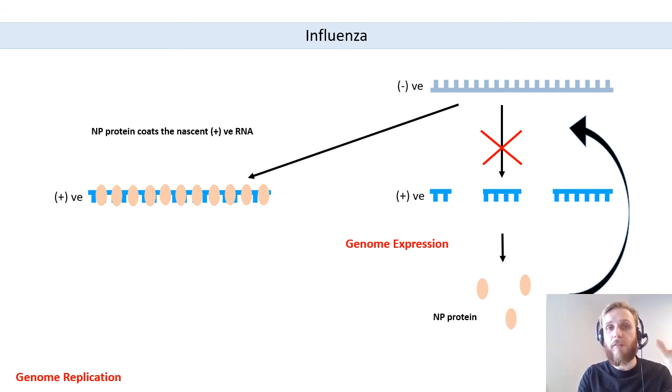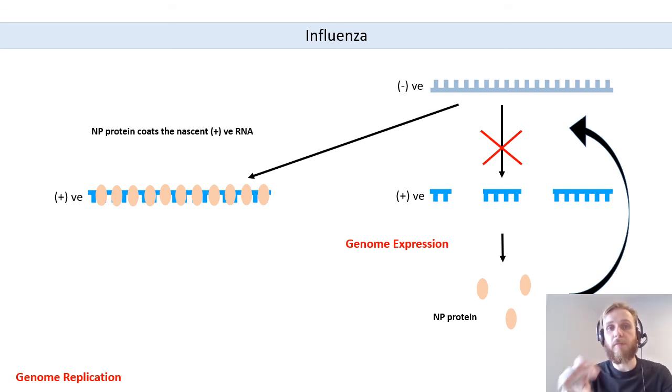As a result of this NP binding, the subgenomic fragments are never formed, but what is formed instead is a full-length genome copy. It's ensuring it stays one full-length transcript, because this is what is needed for genome replication. So the accumulation of NP protein within the cell itself triggers the switch from genome expression to genome replication.